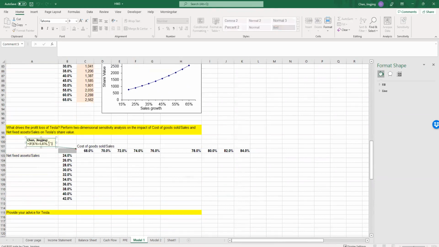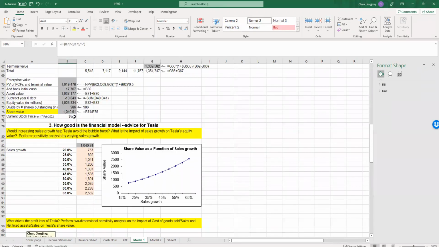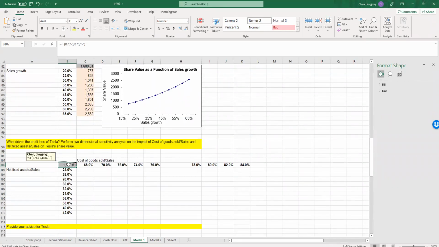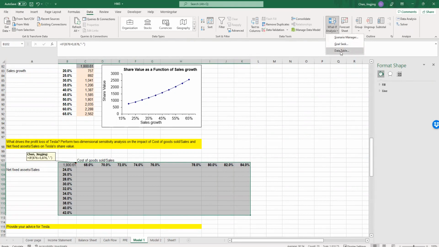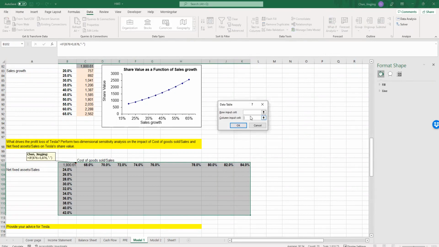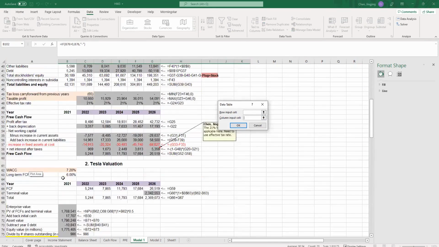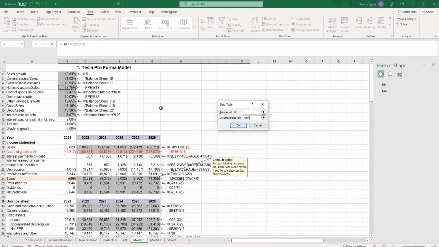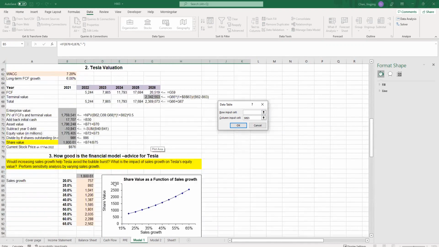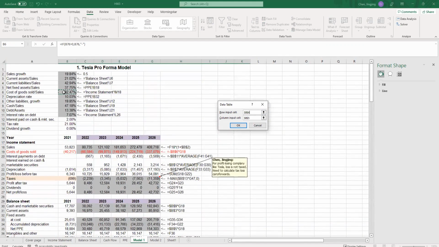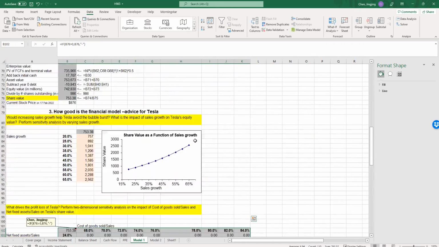And for two-dimensional, this is to make sure that the share value is positive. So for column input, it's net fixed asset over sales. So net fixed asset over sales is here. Row input is cost of goods over sales. Okay.